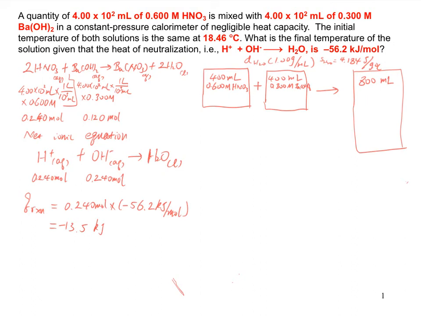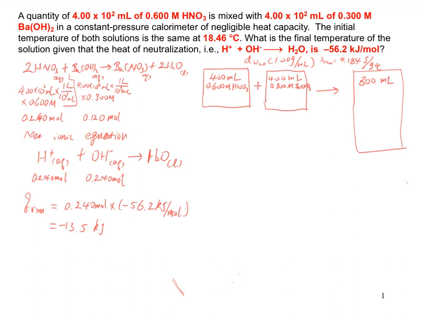Now think about where this heat goes. The heat generated from the mixture of the acid and base stays in the constant pressure calorimeter because no heat can leave the calorimeter. But the calorimeter has a negligible heat capacity, meaning it does not absorb heat. So where does the heat go? The heat will be absorbed by this final 800 milliliter solution, mainly water.